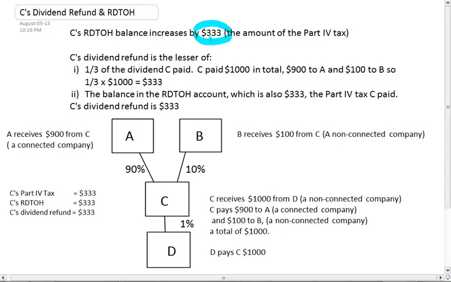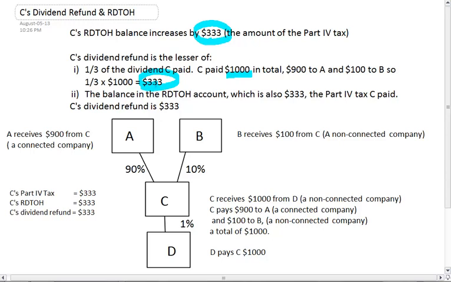C's dividend refund is the lesser of 1/3 of the dividend that C is paying. C paid $1,000 in total, $900 to A and $100 to B, so 1/3 of $1,000 is $333. But the dividend refund is the lesser of that and the balance in the RDTOH account.